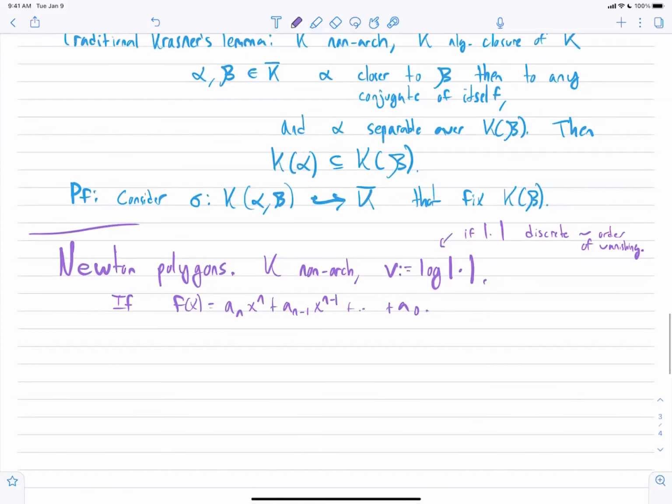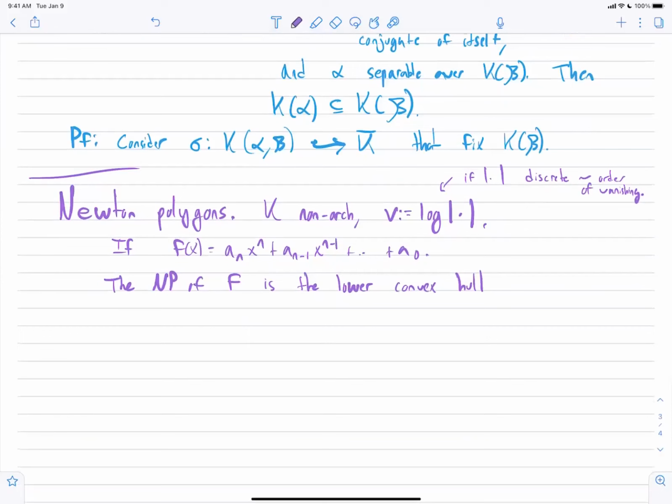Then the Newton polygon is the lower convex hull of the points. I put this probably backwards somehow. Let me do it like this. Somehow I'm just going to flip my picture, so it's not going to matter so much.